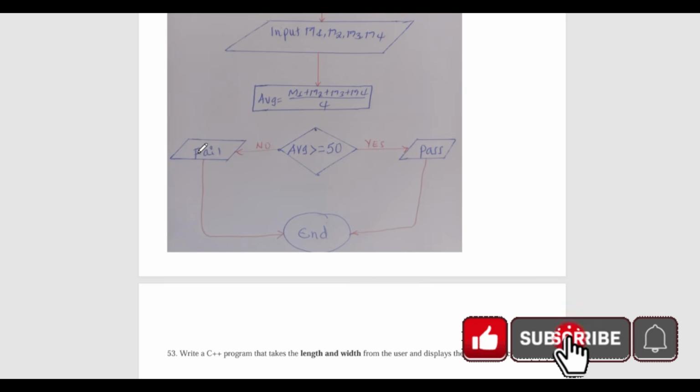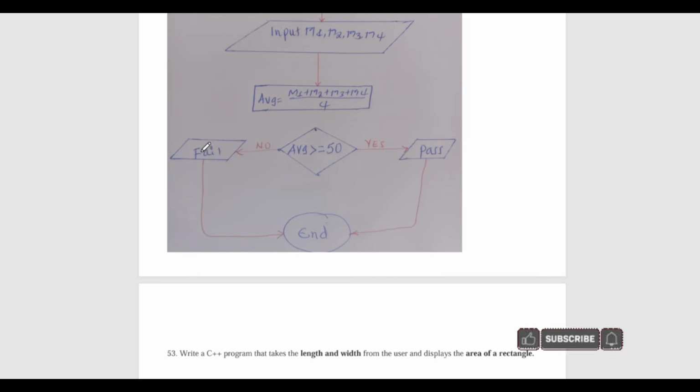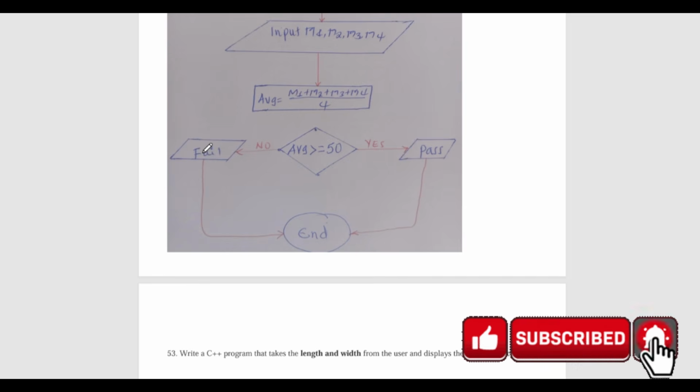You have to write fail and pass in parallelograms. These are outputs. Finish the flowchart. So you have to use it in this way. If yes, it will come this way, pass and end. If no, if the average is less than 50, it says no, fail, complete like this.